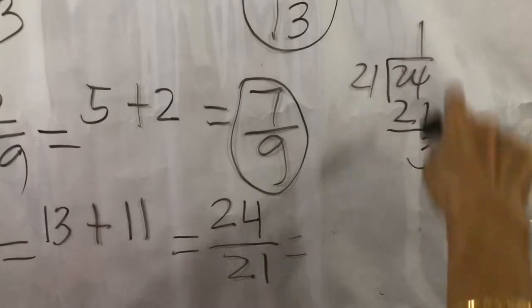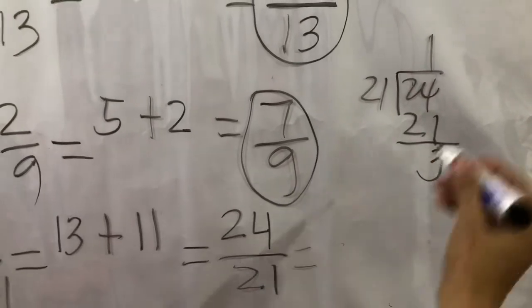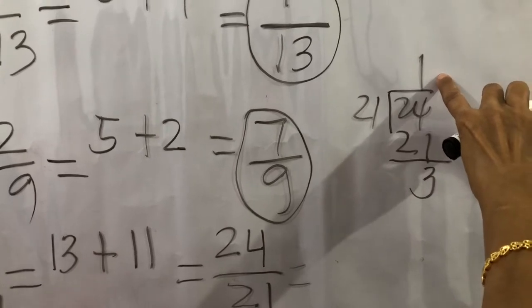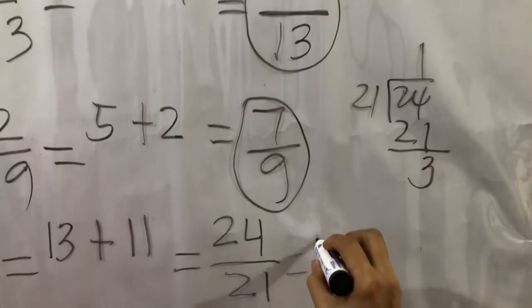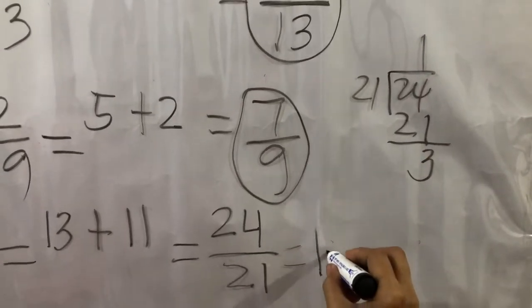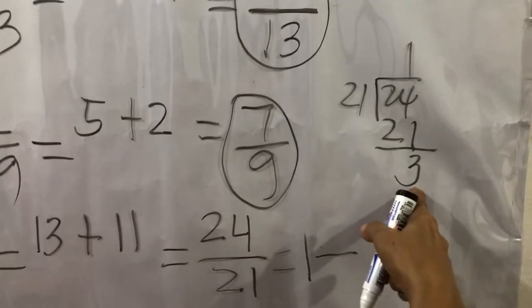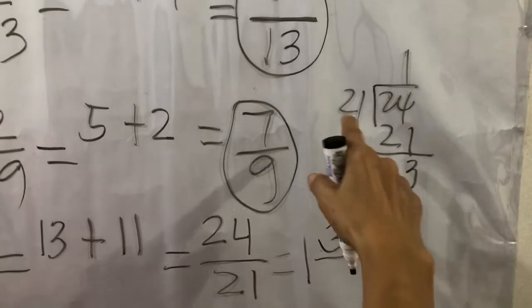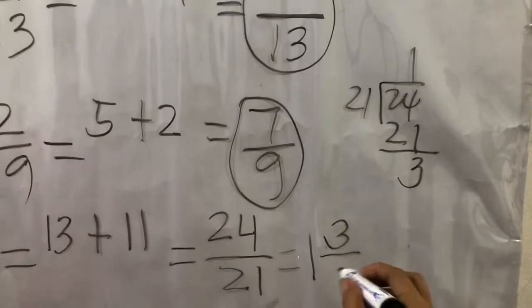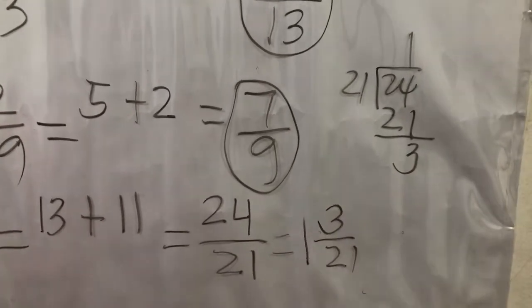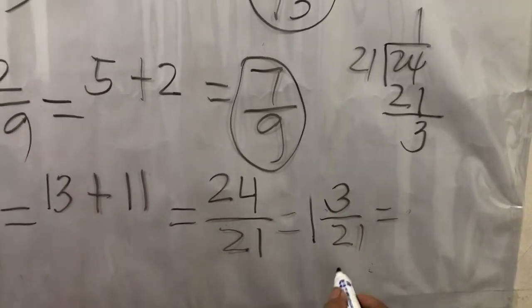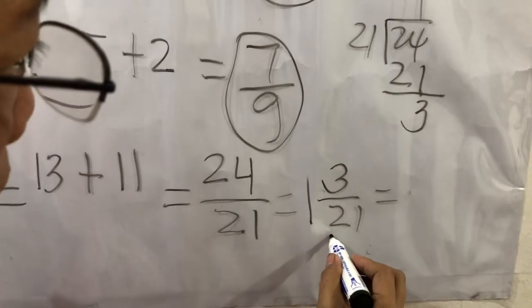To write that into a mixed number, the quotient will be the whole number, and the numerator is the remainder. That is 3. And copy the denominator 21. Still, that is not yet the answer in lowest term. You see the fraction 3/21.